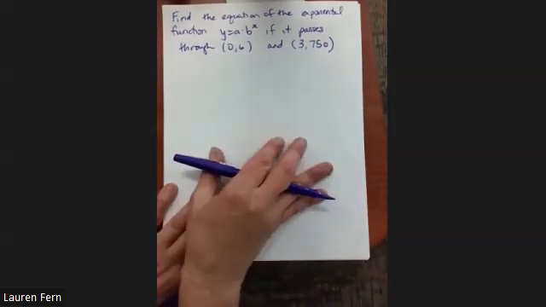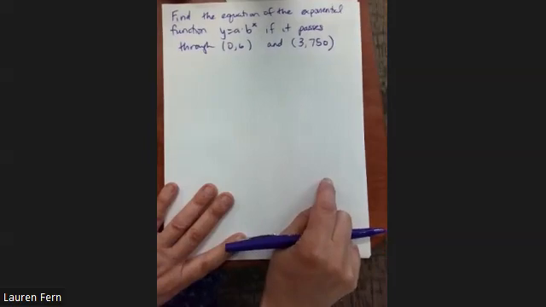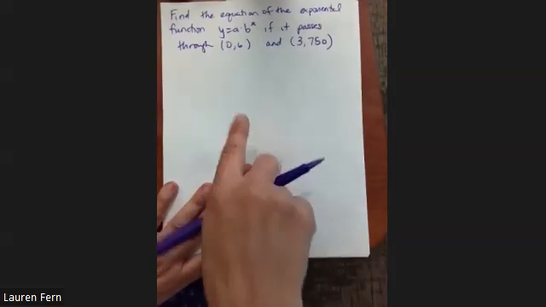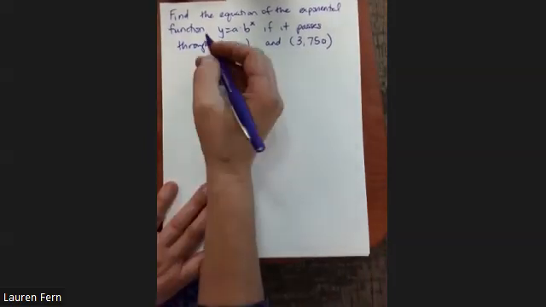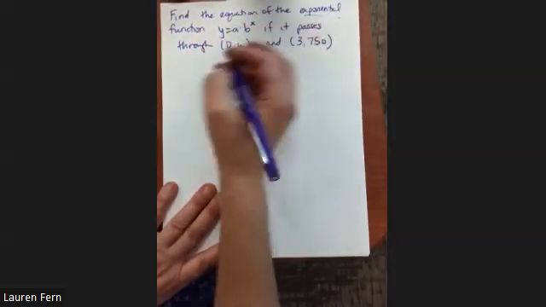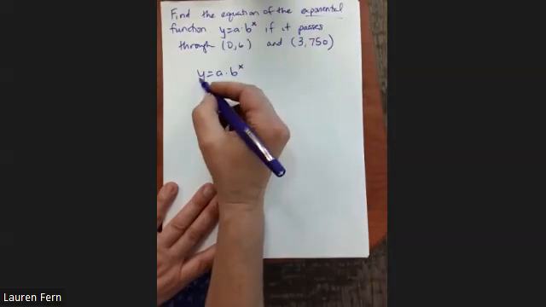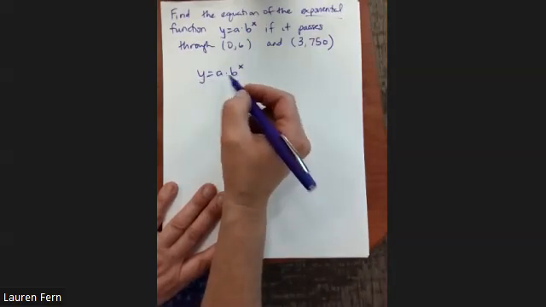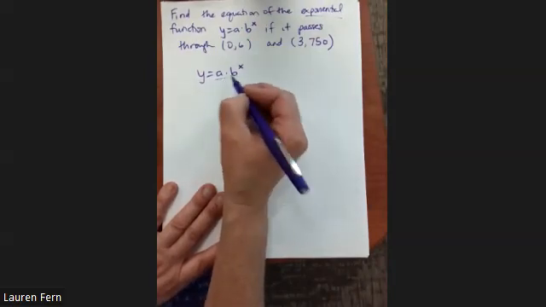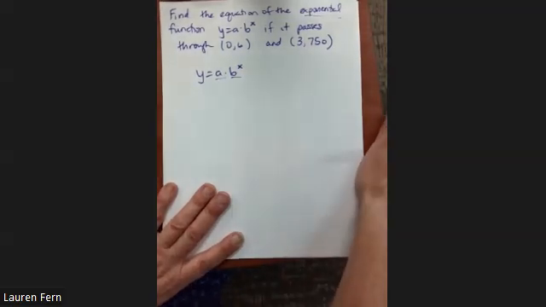Just like when I asked you to find the equation of a line, we would write y equals mx plus b, and we need to find m and b. Now, when I ask you to find the equation of the exponential function, I want us to find y equals a times b to the x, and we need to find our value of a and our value of b.